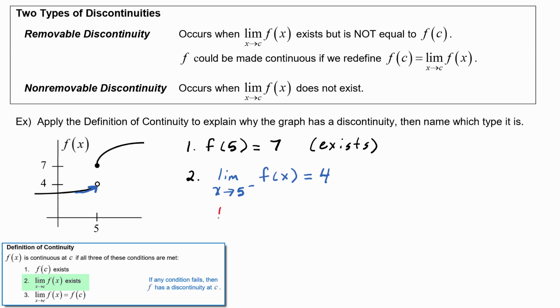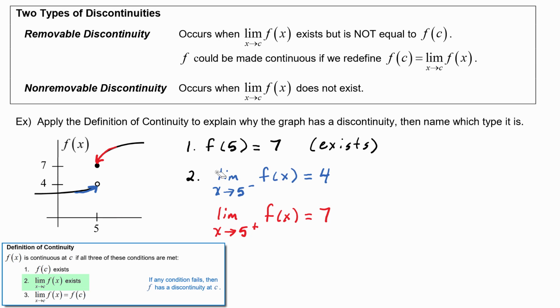Whereas the limit as x approaches 5 from the right of f of x, as the x value comes into 5, the y value is getting closer and closer to 7.